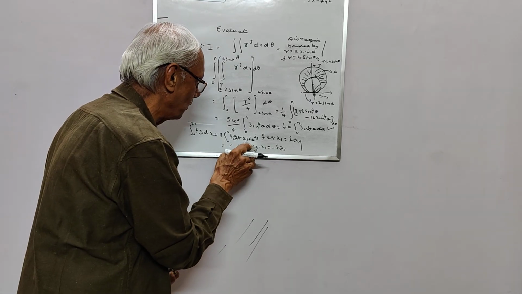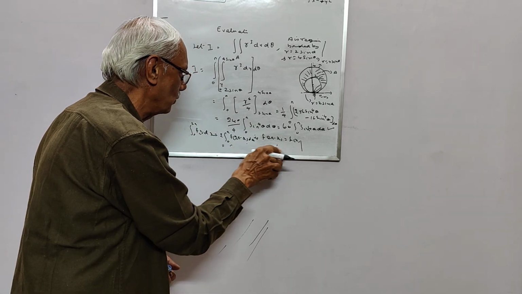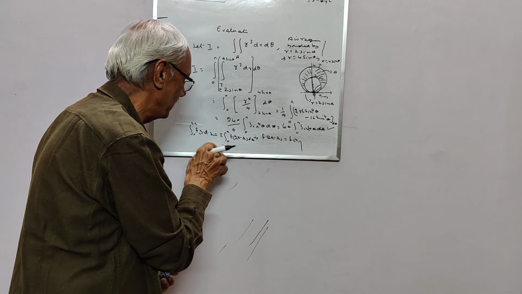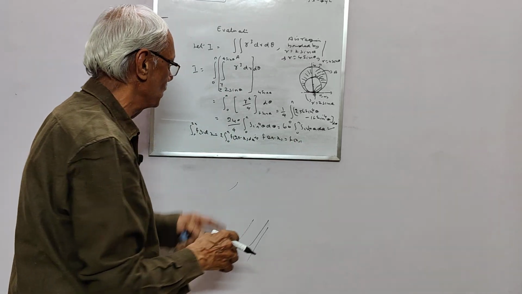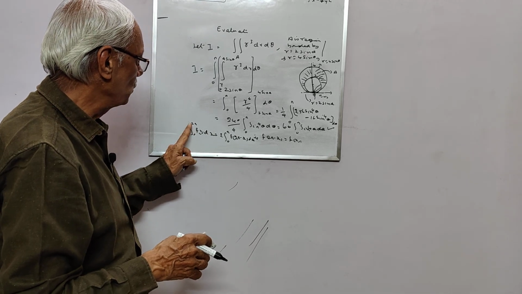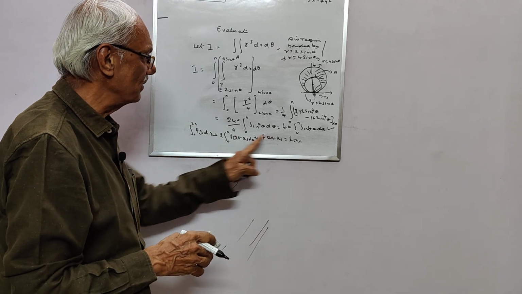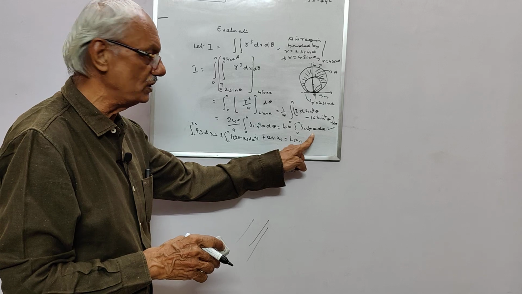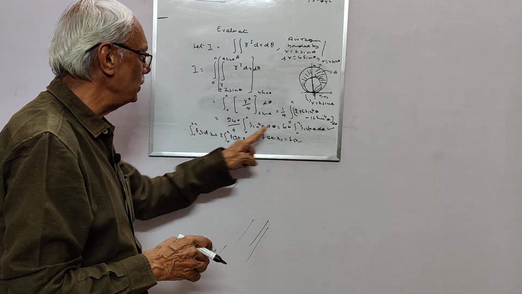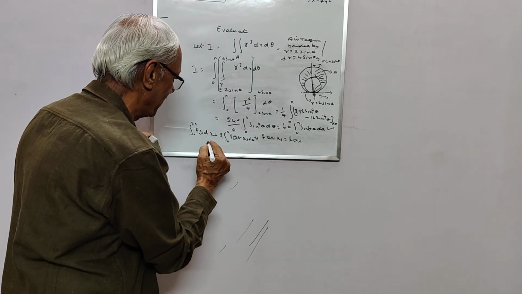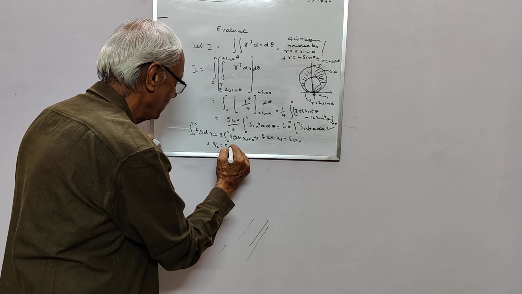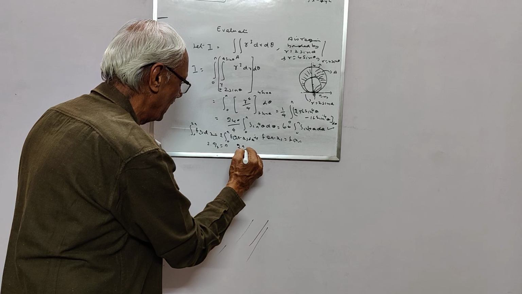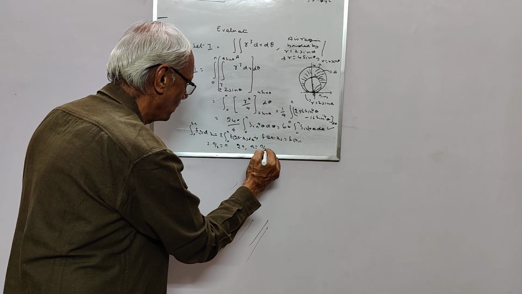About this let us not bother here, this is of no use for us here. Only the first property will be used. So in the place of f of x you have got sine to the power of 4 theta, and in the place of 2a you have got 2 into pi by 2, which is equal to pi. So in the place of a you have got pi by 2.